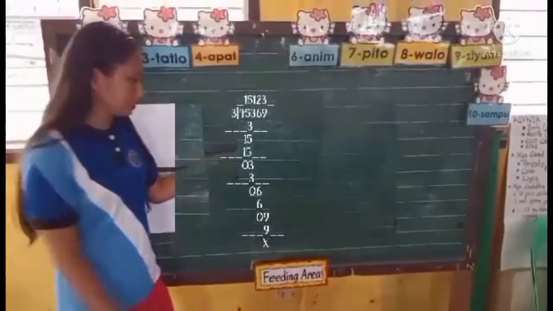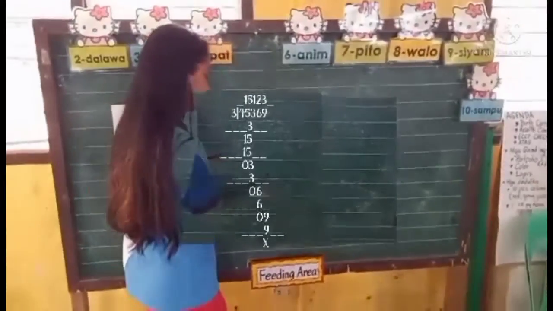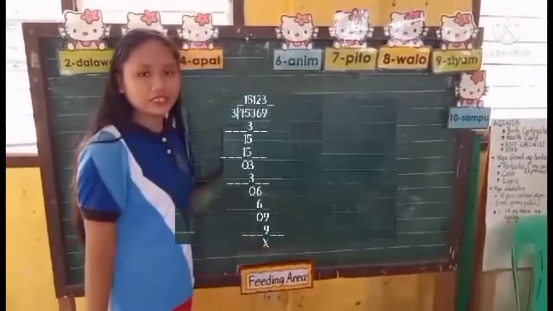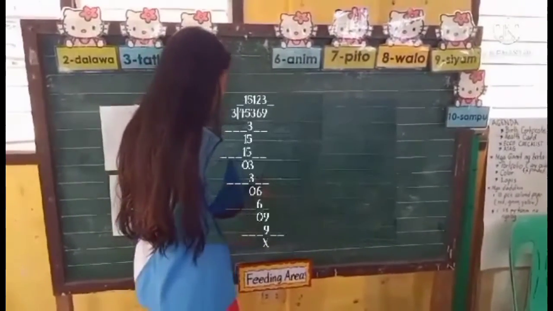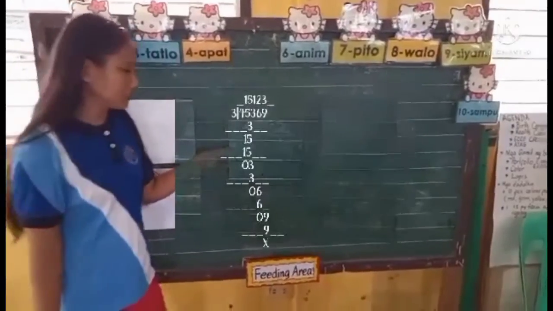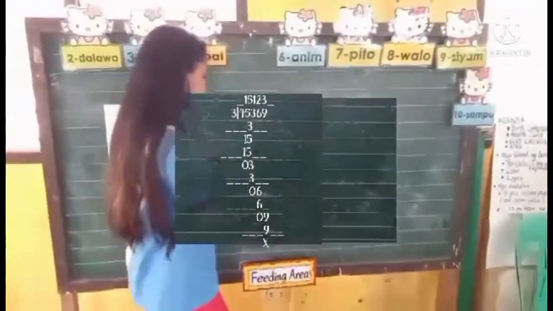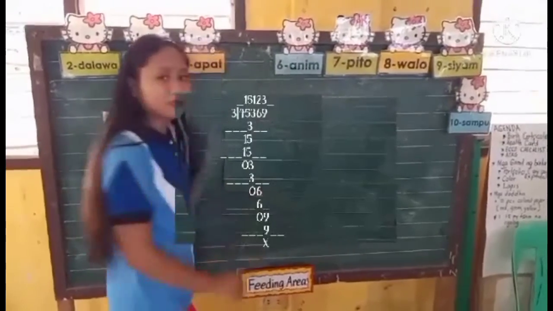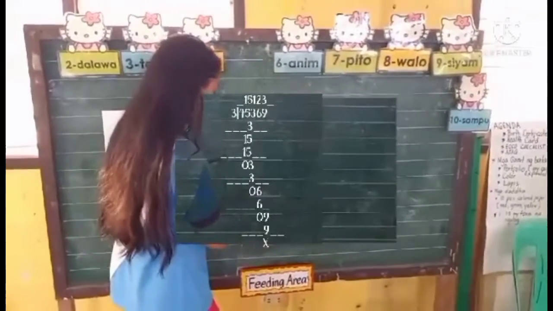1 times 3 is 3. Then, 3 minus 3 is 0. Then, bring down 6. 6 divided by 3 is 2. 2 times 3 is 6. 6 minus 6 is 0.